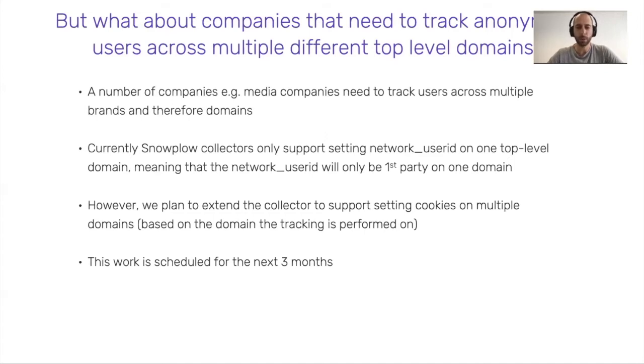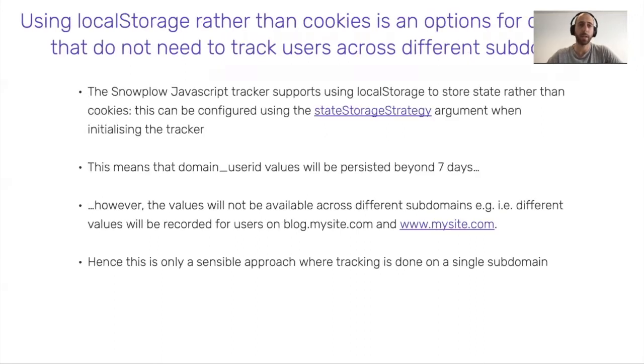And this work is scheduled to be delivered in the next 3 months. So we're currently jiggling around our engineering roadmap to see if we can bring that forwards. But that is where it's scheduled at the moment. So we should have a good solution for companies tracking across multiple domains in the near future.